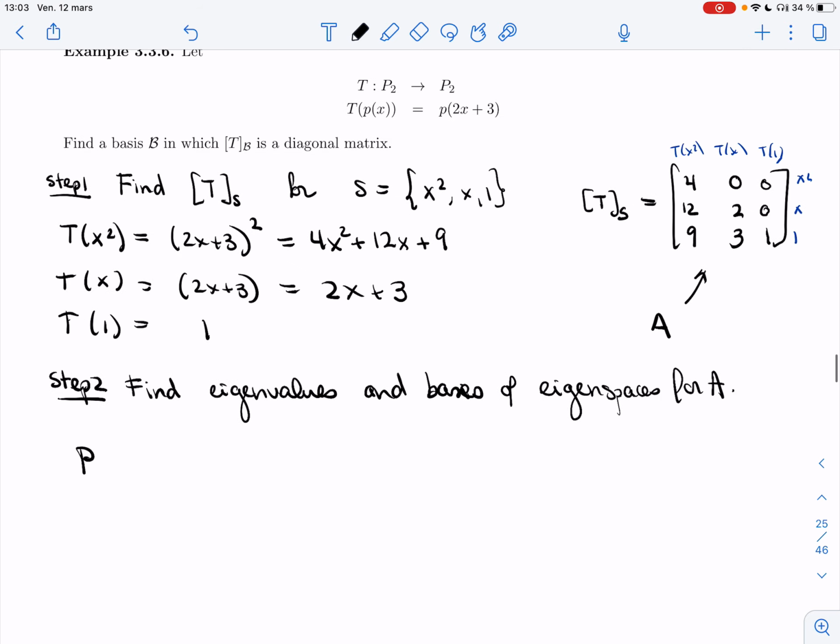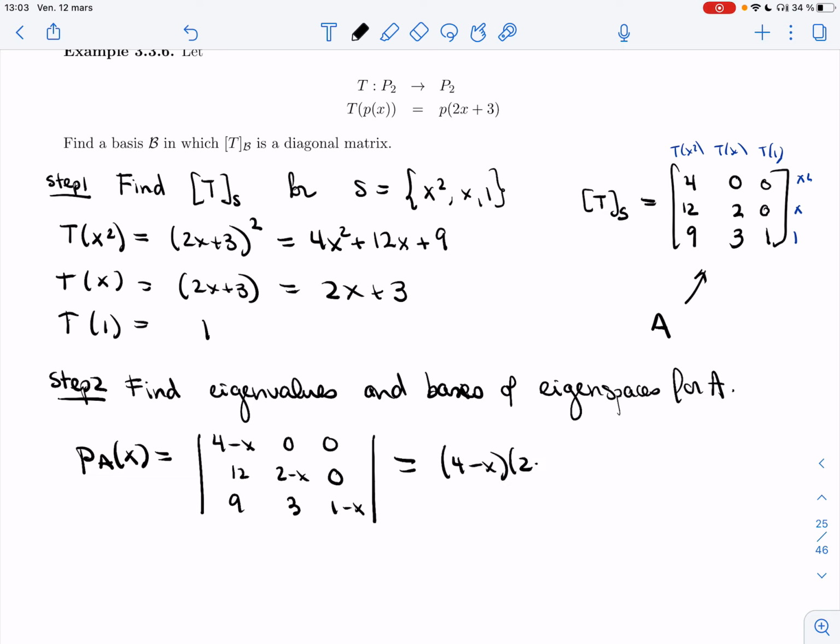All right, so I'm going to start with p_A of x. That's the determinant of 4 minus x, 0, 0; 12, 2 minus x, 0; 9, 3, 1 minus x. That's not hard at all because I have a lower triangular matrix. If you want to expand, you could expand first here, then on the second, then on the third, and you'll see everything's going to work well.